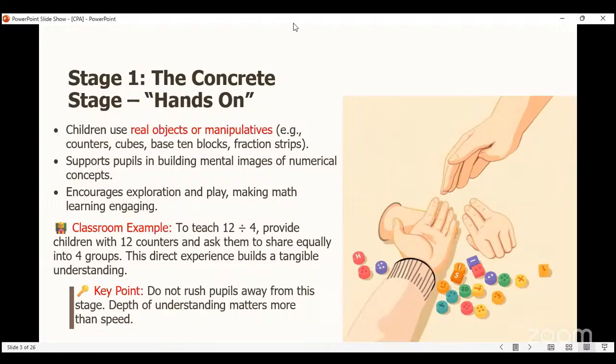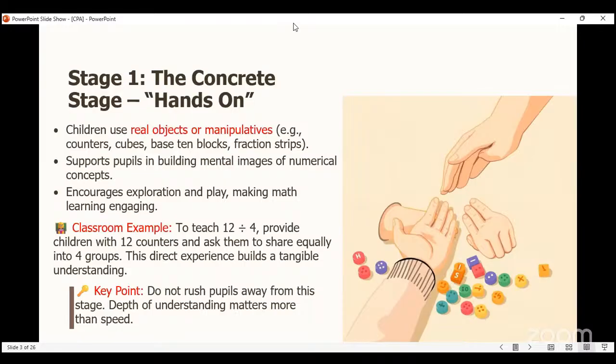This supports pupils in building mental images of numerical concepts, and it encourages exploration and play, and it makes maths more engaging. I know a Nigerian teacher may see all those manipulatives and real objects as just play. It is not just play. It is a way of engaging children, helping them to build mental images of numerical concepts.